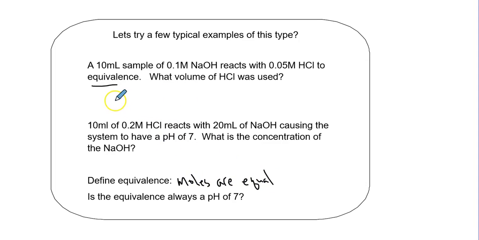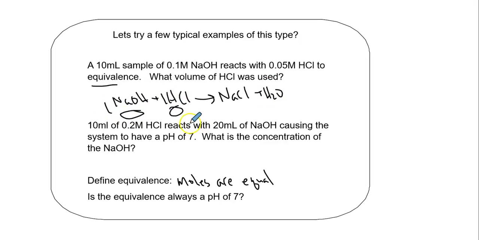So in this case, the reaction is NaOH plus HCl yields, and it's going to be equal. The product, of course, is NaCl plus water, and it reacts in a 1-to-1 ratio. So if the moles are equal, all right, so I have 10 milliliters and I have 0.01.